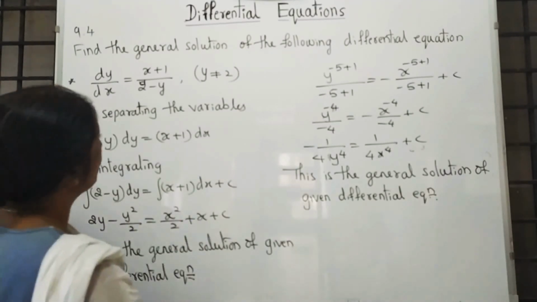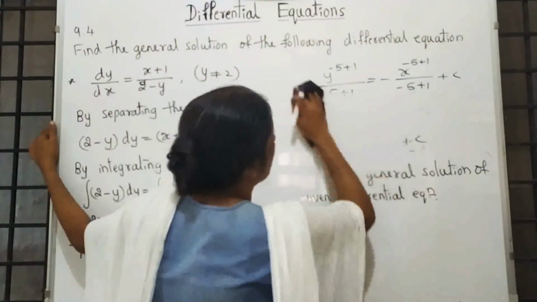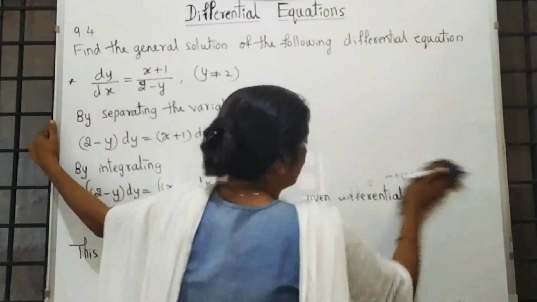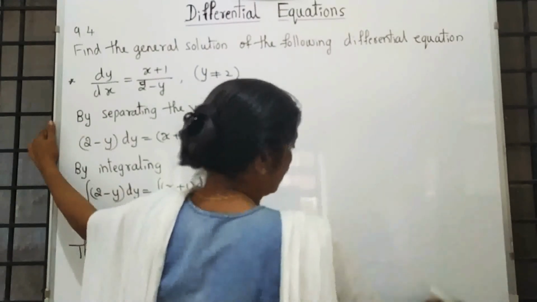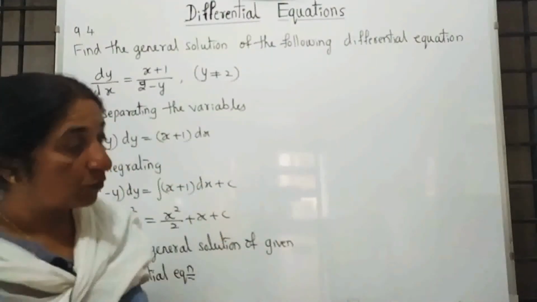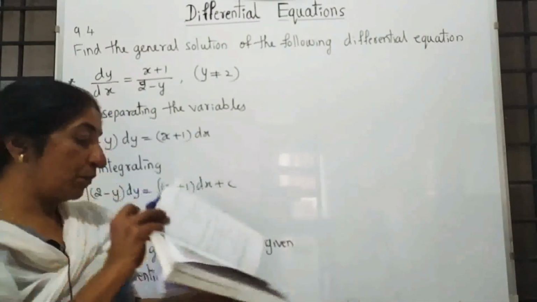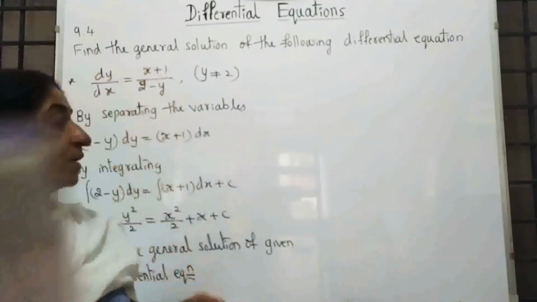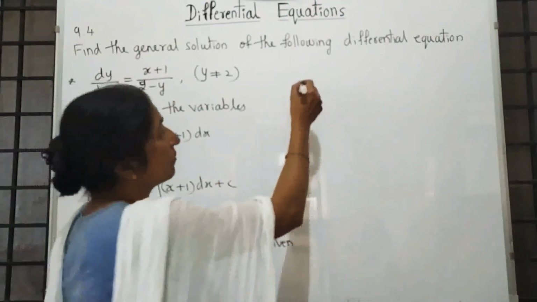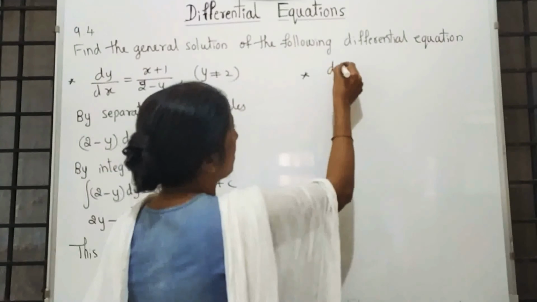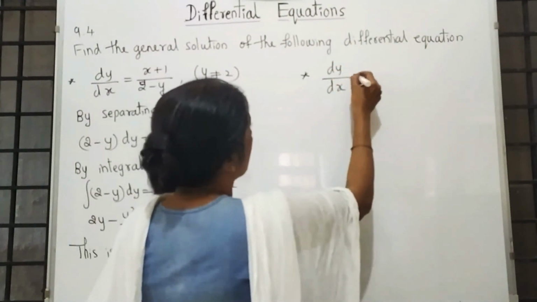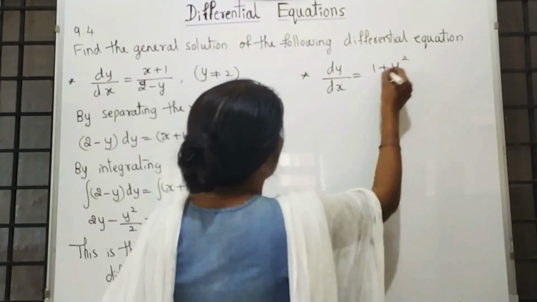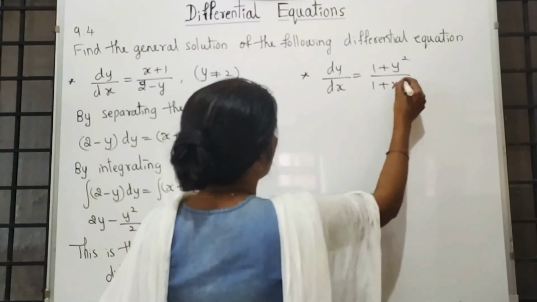Moving to another worked example. Another worked example: dy upon dx is equal to 1 plus y square upon 1 plus x square.